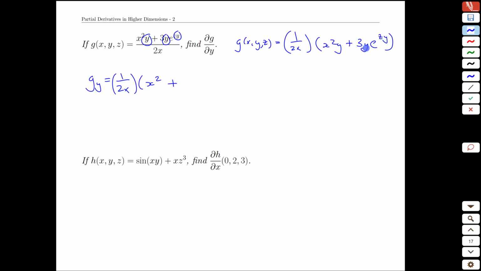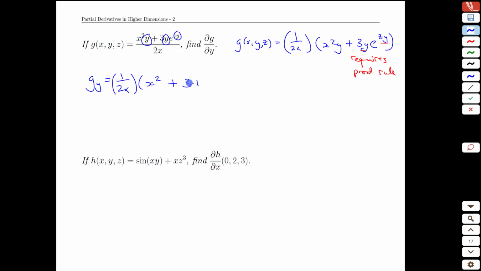This next term, though, has a y in 2 positions, and so here we're going to need the product rule. Fair enough, we can do that. Let's say we treat the 3y as the first term.